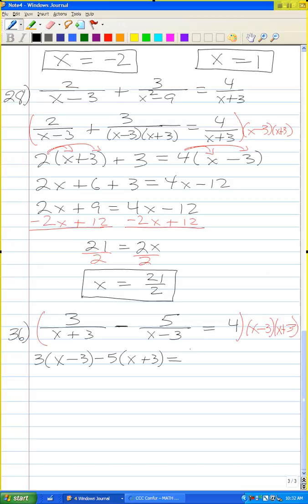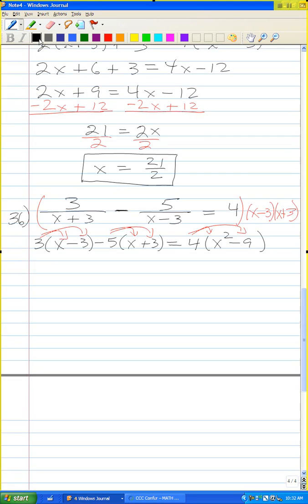I have 4 times x minus 3 times x plus 3, which is x squared minus 9. Let me multiply 3, negative 5, and 4 inside the parentheses.